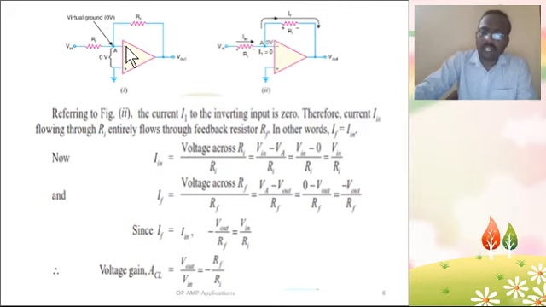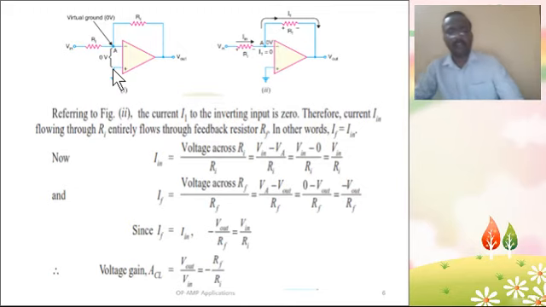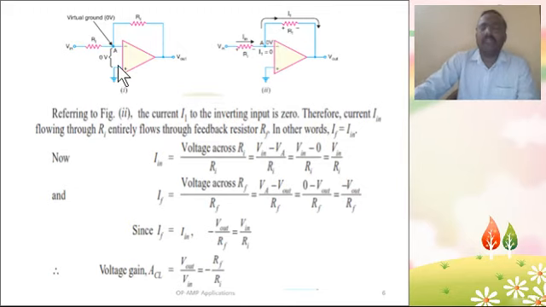If there is zero current through the input impedance, there must be no voltage drop between the inverting input and non-inverting input. That means there is no voltage between inverting input and non-inverting input. This means that the voltage at the inverting input is 0 up to point A.